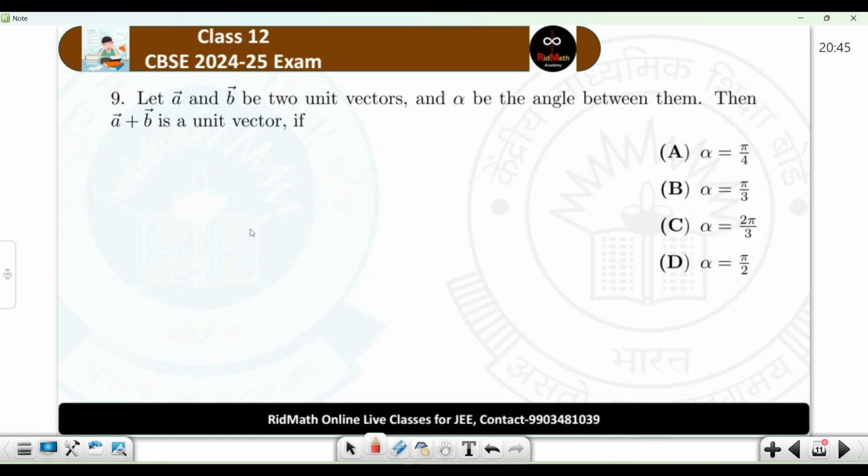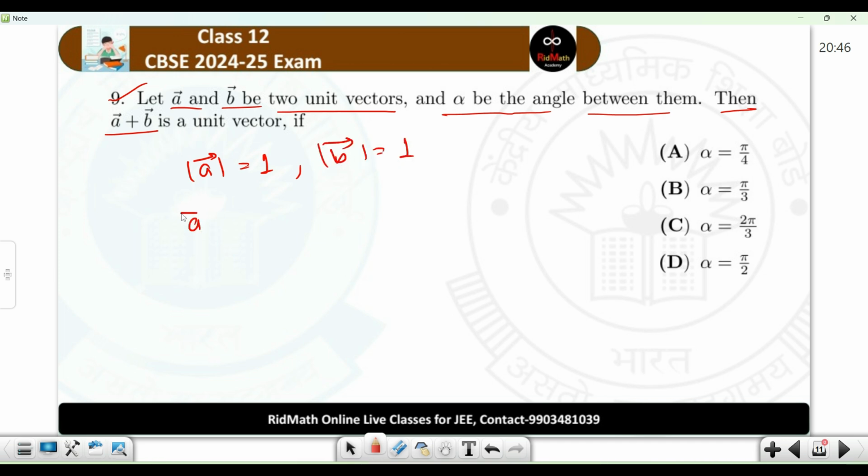Next problem, 9. Let A vector and B vector be two unit vectors and alpha be the angle between them. Then A vector plus B vector is a unit vector if alpha equals this. So A vector is a unit vector, that means mod A is equal to 1 and mod B is also 1.